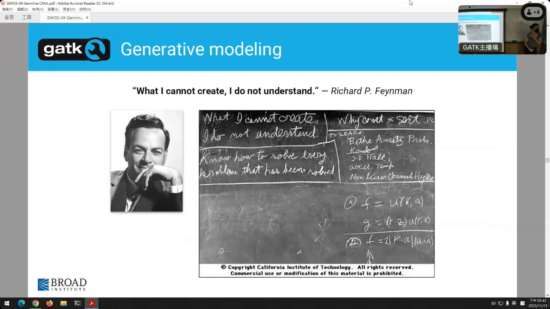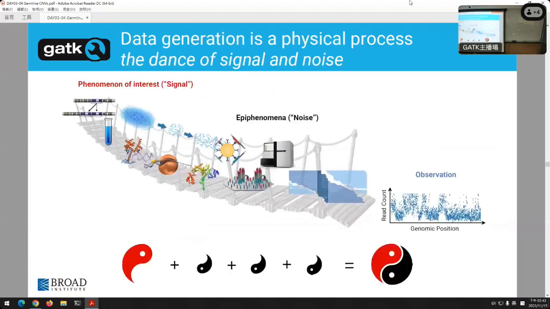Then we can work backwards from the observed data to estimate our underlying parameter of copy number that we're actually interested in finding out. So just reminding you that there is a lot that happens between the signal and observation, and that's what we're going to try to model and understand.